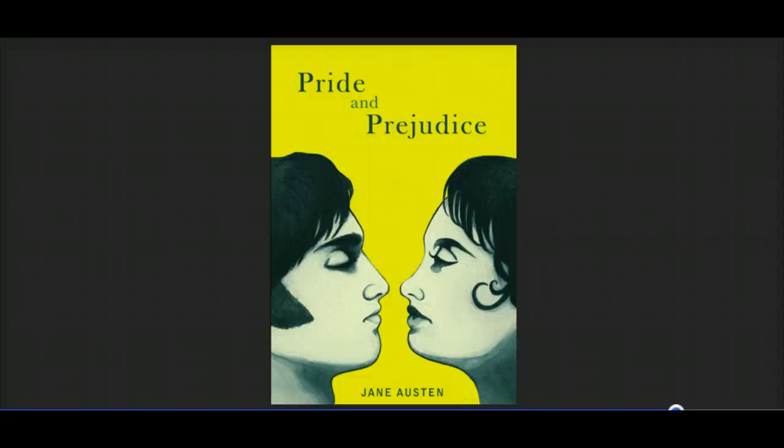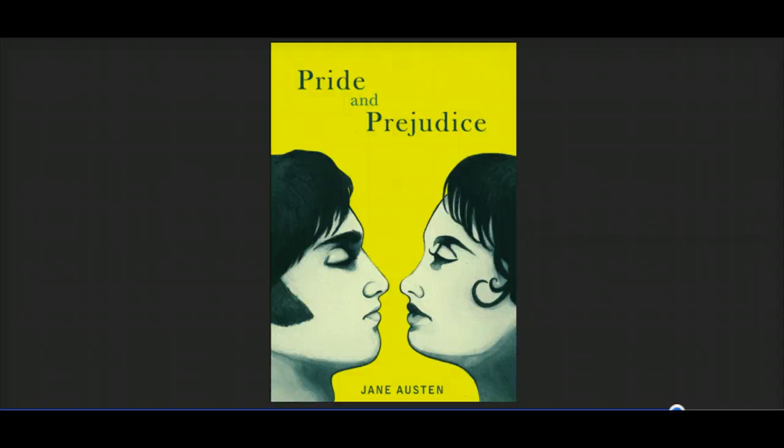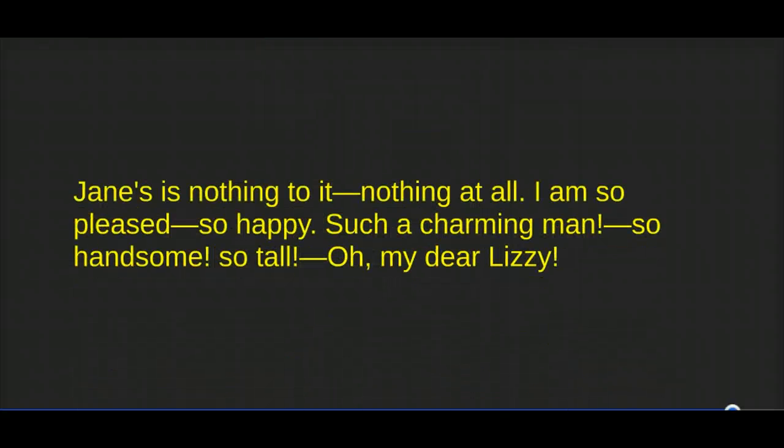And Jane Austen uses dashes, for example, when she's writing a little bit about Mrs. Bennet, who's really excited and almost delirious. The use of M dashes highlights that. "Jane's is nothing to it, nothing at all. I am so pleased, so happy, such a charming man, so handsome, so tall. Oh, my dear Lizzie."